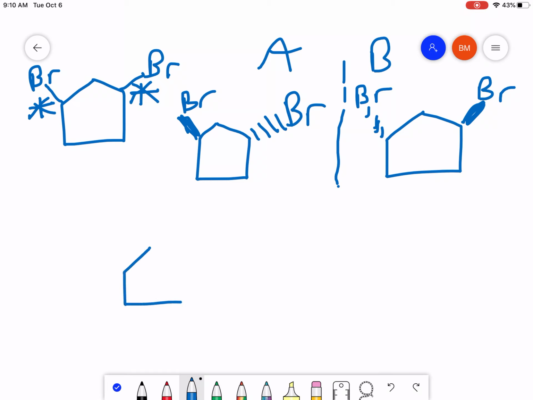Well, to draw the third stereoisomer, remember we take the groups on one of the stereogenic centers and switch. All right, so I'll just do that on the right. So we get that as our third one. And then we draw the mirror image.